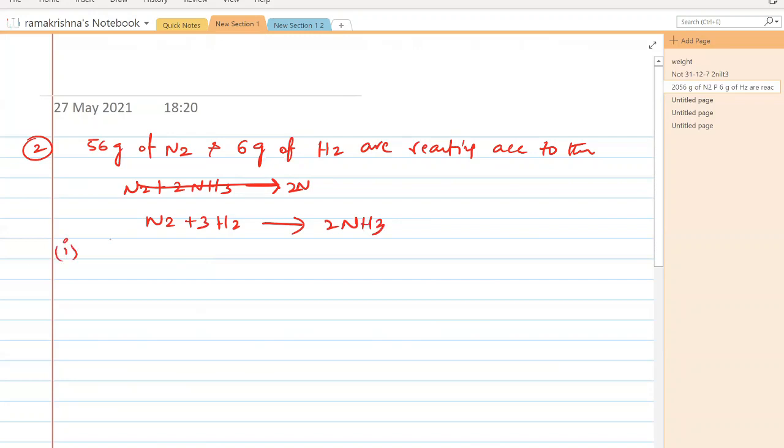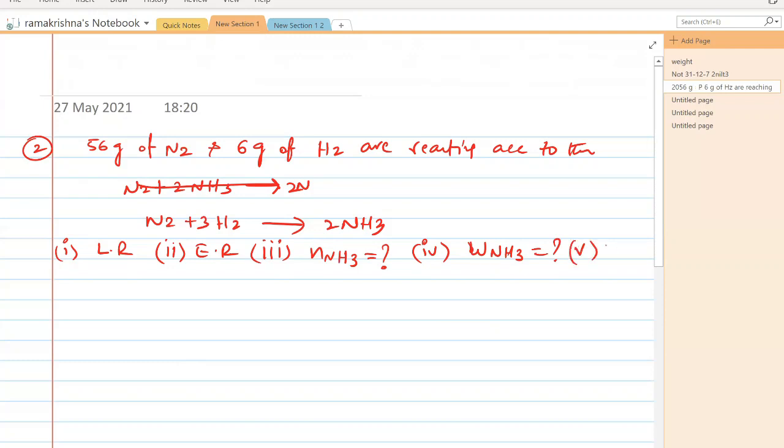First, find out the limiting reagent. Second question, find out the excess reagent. Third question, calculate the number of moles of NH3 formed in the above reaction. Fourth question, weight of NH3 formed in the above reaction.